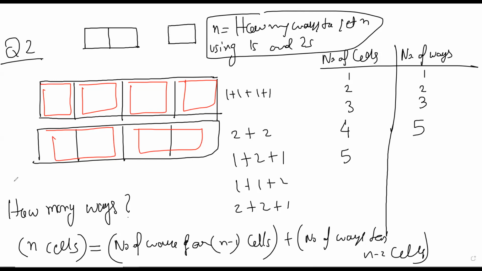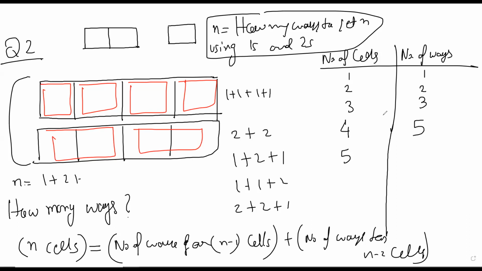Like the journeys question: when you have a journey of total length n, as you take the steps, you just record the lengths. When you take a step of length 1, you add a 1. If you take a step of length 2, you add a 2. Here also it is the same question. When you add a domino, you write 2. If you add a 1 by 1 cell, you add 1. So these are the same questions, and hence they should have the same answers, right?